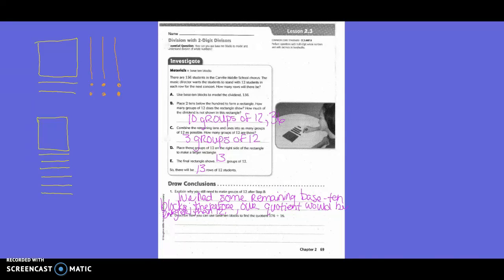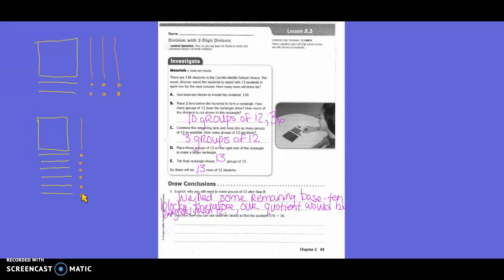So then I would have a long that can go this way, but I need to make sure I have a cube that goes along with every single one of these longs, right? Okay, so I would put 1, 2, 3, 4, 5, 6.